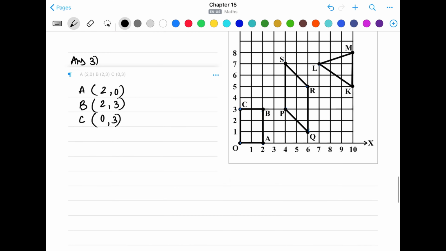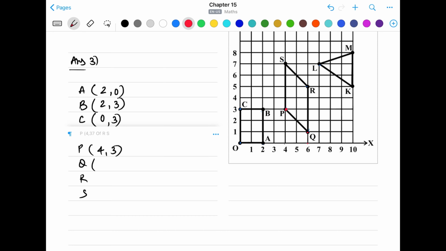Then we have P, Q, R, and S. The coordinate of P is x is 4 and y is 3, so 4 3.